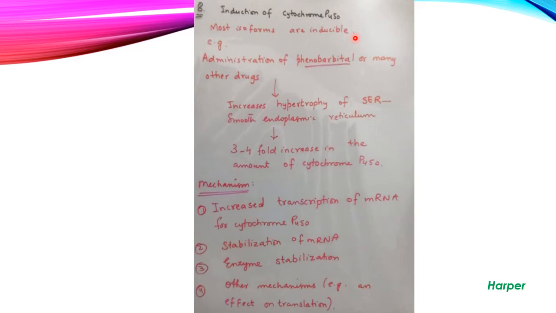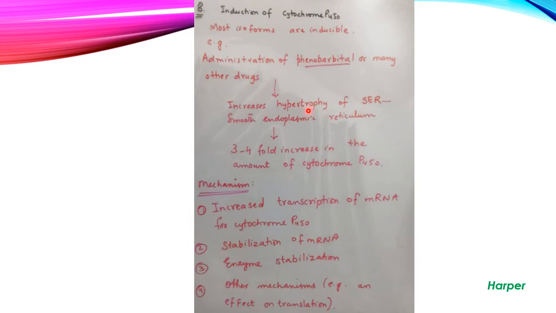For example, if we administer phenobarbital, which is a drug, or maybe other drugs, then this drug may induce hypertrophy of the smooth endoplasmic reticulum. Hypertrophy, as you know, is enlargement or increase in size.